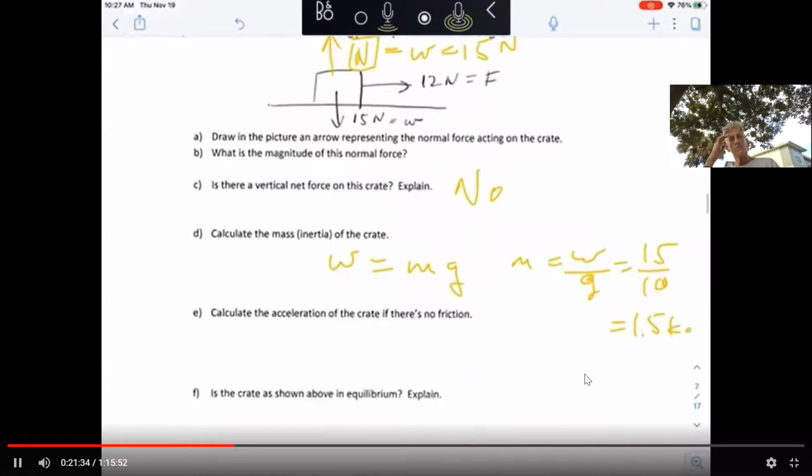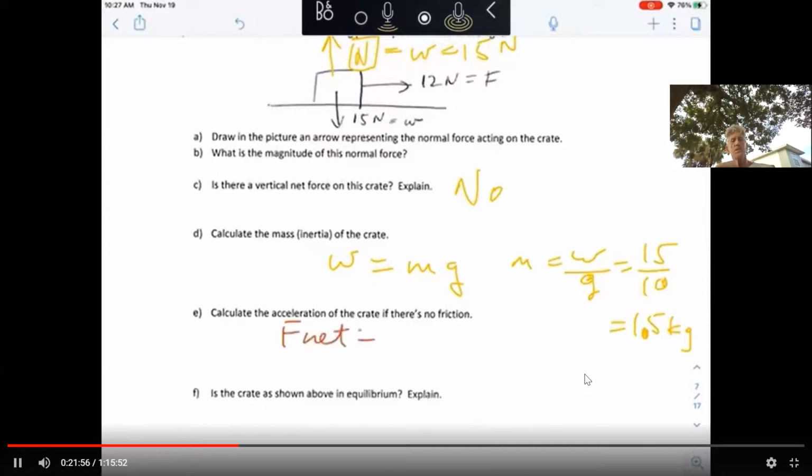Calculate the acceleration of the crate, there's no friction. Okay, g is not the acceleration, okay? That's just used to figure out the mass from the weight. Now, if it was free falling, g would be the acceleration. Okay, so let's calculate acceleration. There's no friction. Well, there's one unbalanced force. That's called the net force.